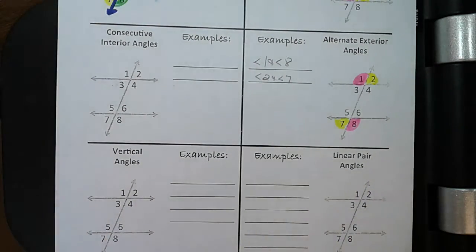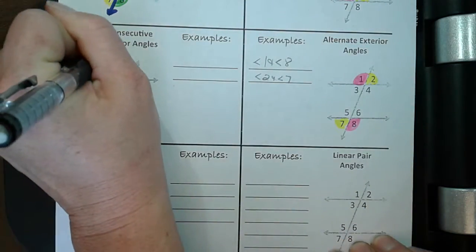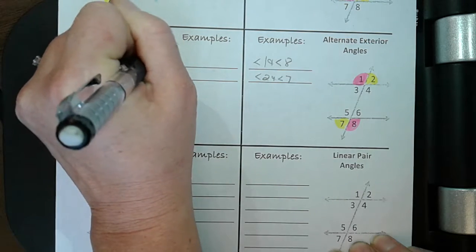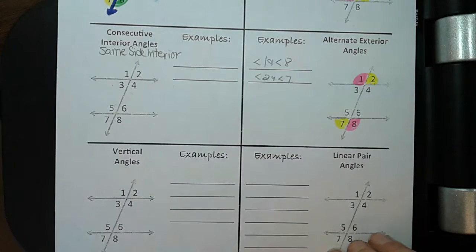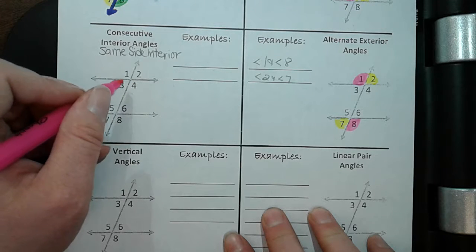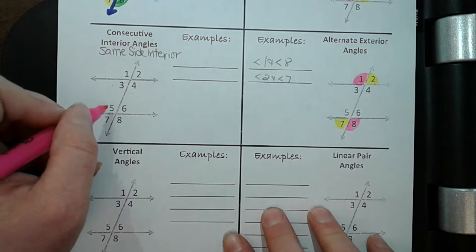So consecutive interior angles, and I want you to write same side interior angles. That's the other name for them, same side interior angles. So let's figure out what that would mean. Well, same side or consecutive means that they are on the same side of the transversal. So they're either the same side, both of them are on this side, or both of them are on this side.